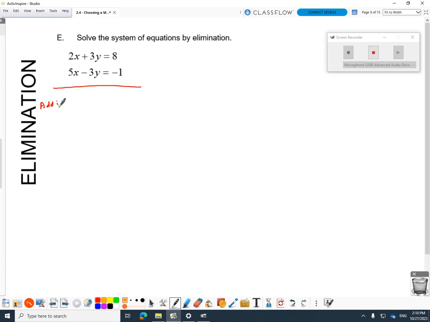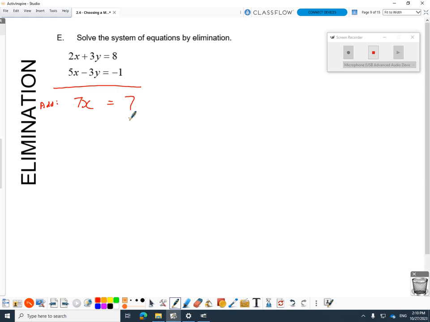Here it goes. What's 2 and 5? 2 x's, 5 x's, 7 x's. Positive 3y, negative 3y. Oh, 0. 8 and negative 1 is 7. Now come on. Hopefully you're still with me enough to go, okay, that I like.